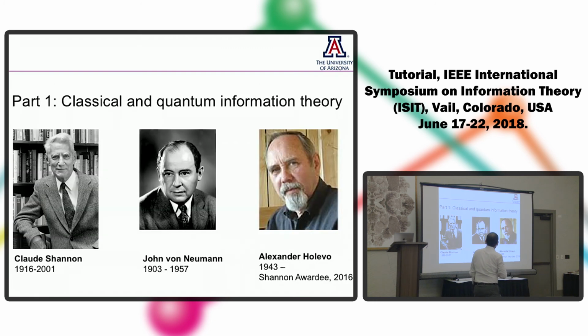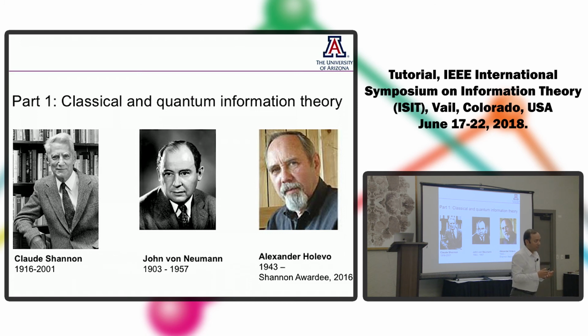All right, so let's start with part one, classical and quantum information theory. Some of the work that I'll be talking about comes from stellar contributions from these three people. Shannon started the field of information theory, and his starting point was a stochastic description of noise.